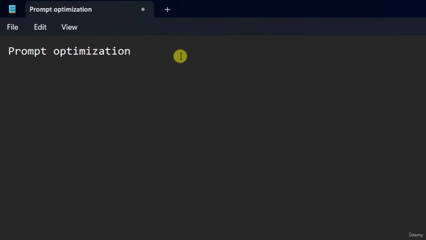Now, let's say we'll take one example of generating a news headline. Let's say you want to generate a news headline about a new product launch. You could start this with a general prompt like saying write a news headline about a new product launch, but this prompt is too broad and may not generate specific information.